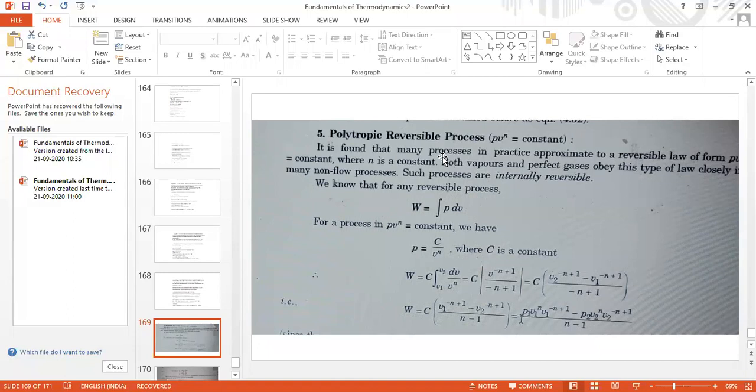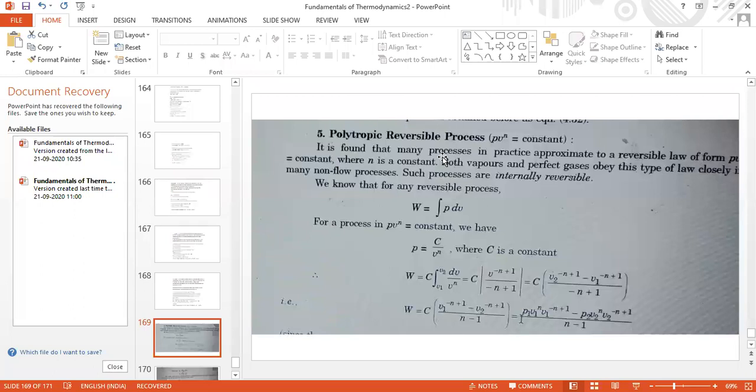And because in the polytropic process, index n is different than gamma, there will be heat transfer. Therefore, how much is it, and how will you quantify it by a certain equation? So in that way, we are to derive it, and to work out all these things, simple formulae.